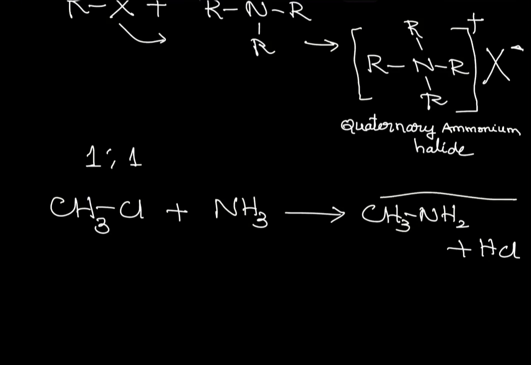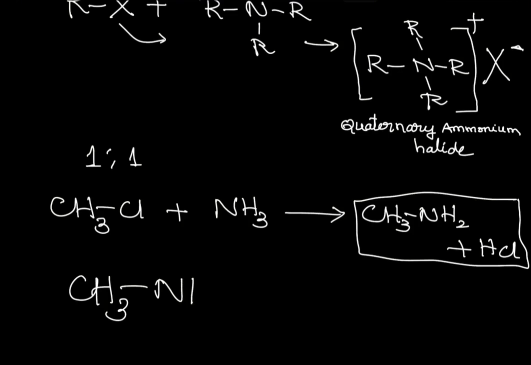It is found that amines act like bases. Amines are basic in nature because they have a lone pair of electrons. They react with the product HCl and exist as methyl ammonium chloride.